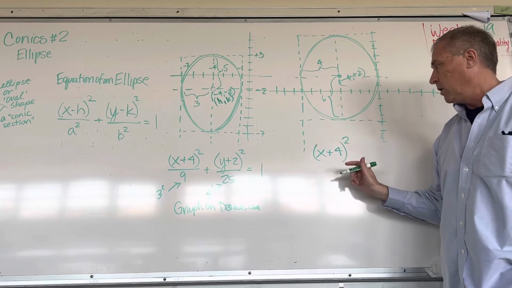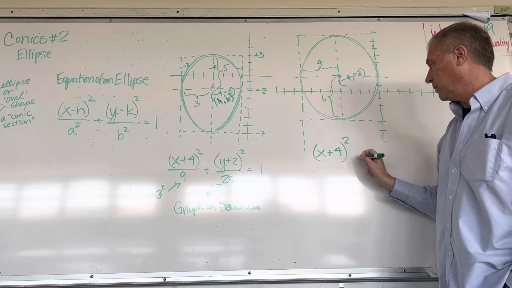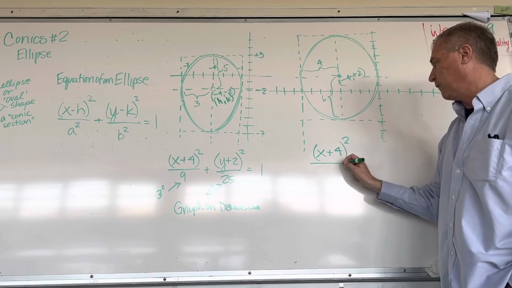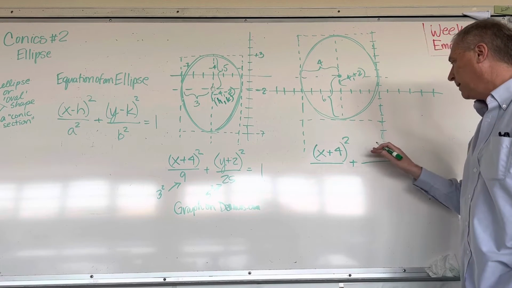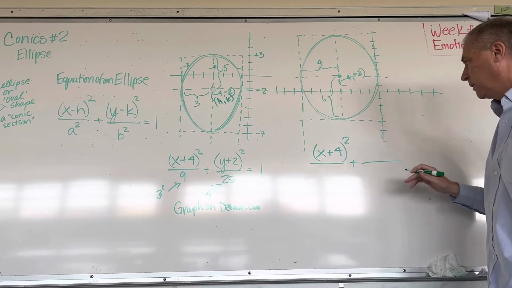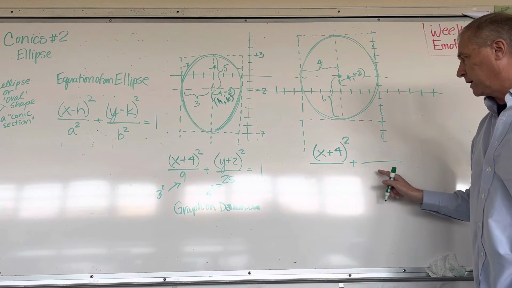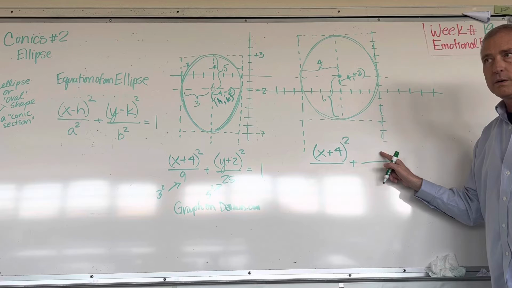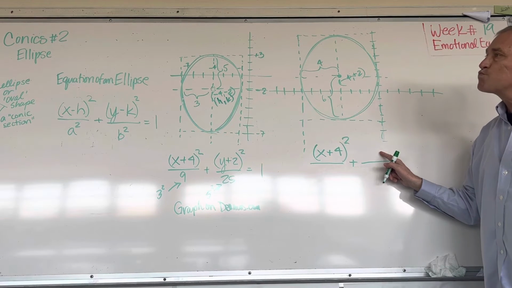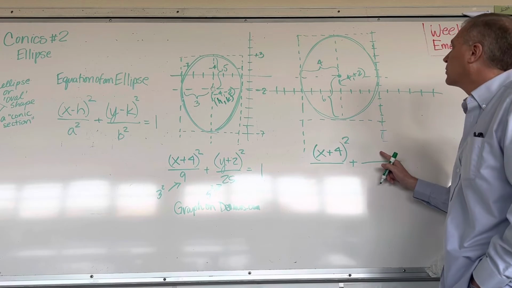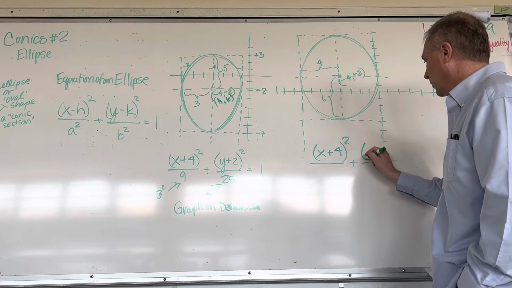Okay, good. Now let's do a plus between these. There's going to be a fraction and a fraction. How about the other part of the center? What would you write here for the other part of the equation? Before we get down to these a and b, let's do this other part up here. Y minus +2.